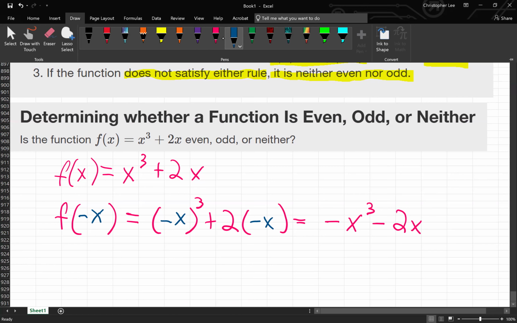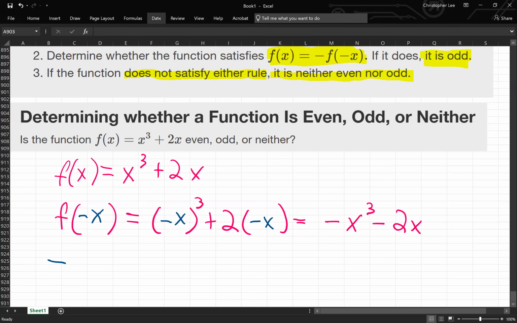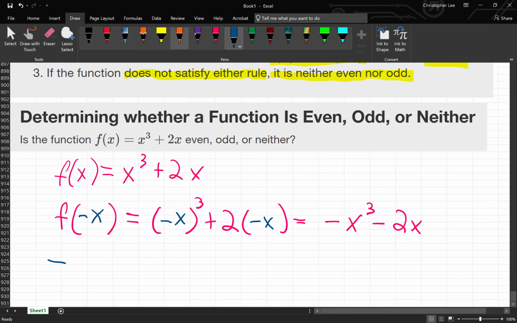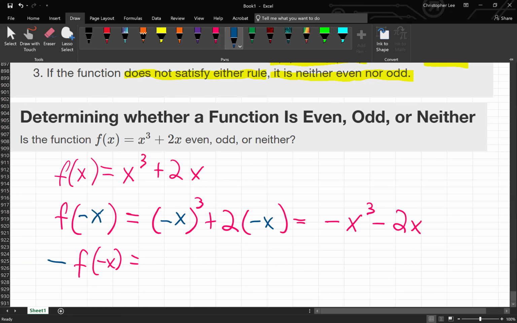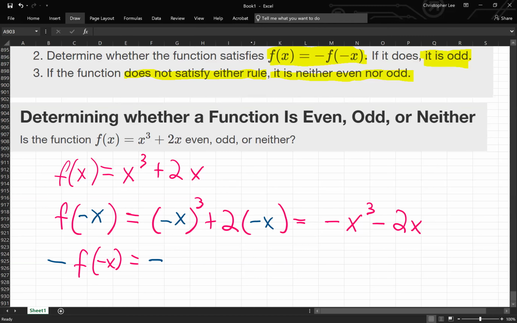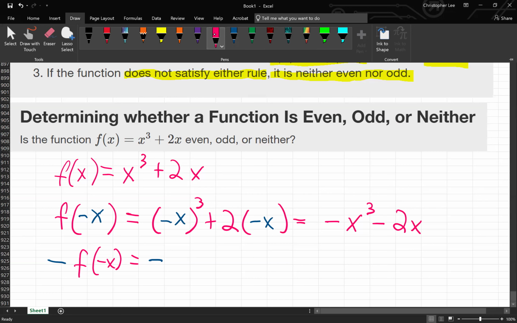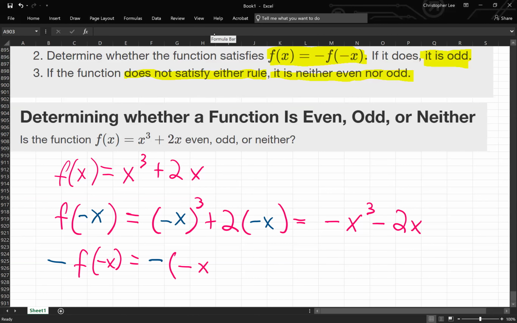So now I want to do negative of f of negative x. So essentially, what am I doing, right? I'm going to multiply this other function over here by -1.